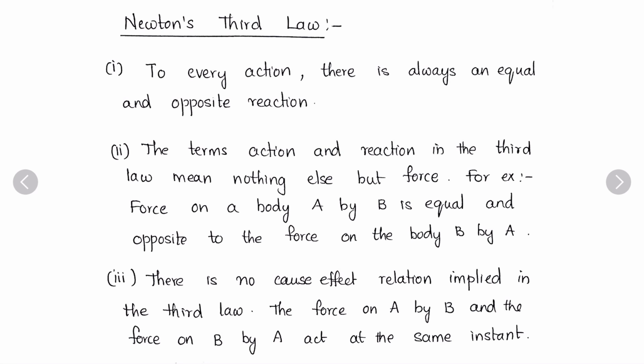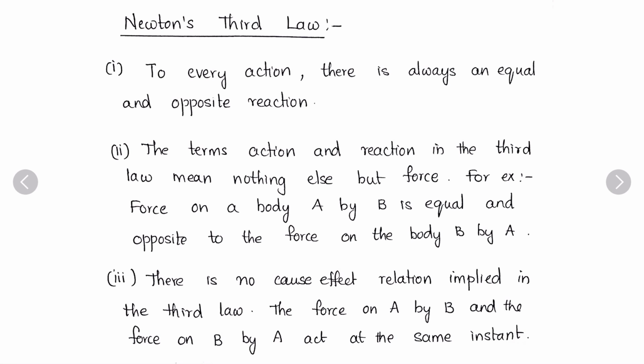Now, there is no cause-effect relation implied in the third law. The force on A by B and the force on B by A act at the same time, at the same instant. What does it mean? It does not mean that because you are applying force on A, B is applying a force back.